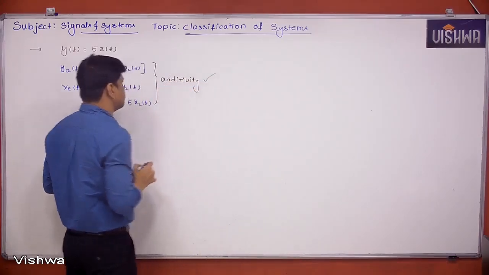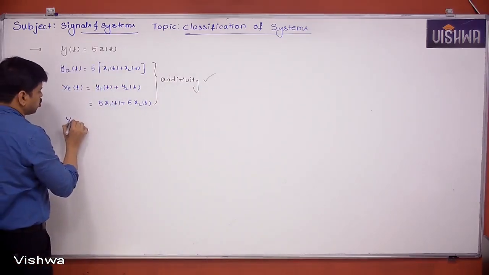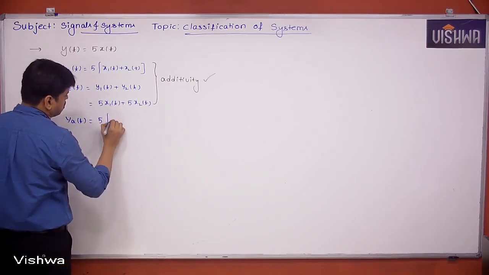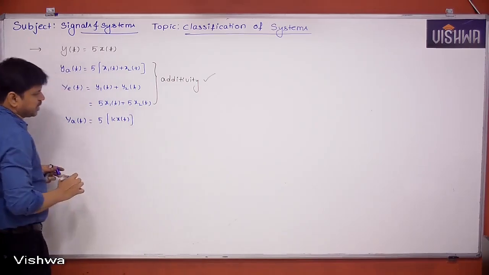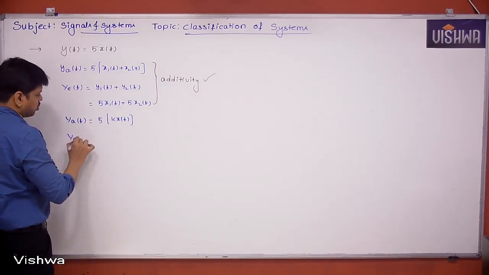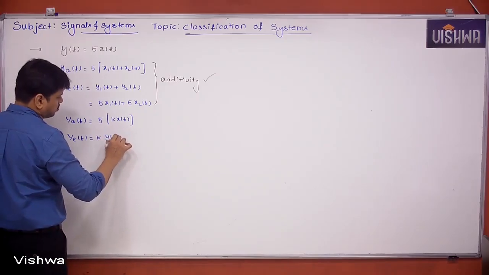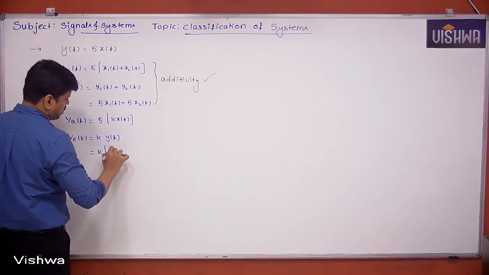Additivity is okay. Next, homogeneity I am checking. To find actual output, replace x with kx, 5 into kx of t. Then what is the expected output? ky of t, which is k into 5x of t.